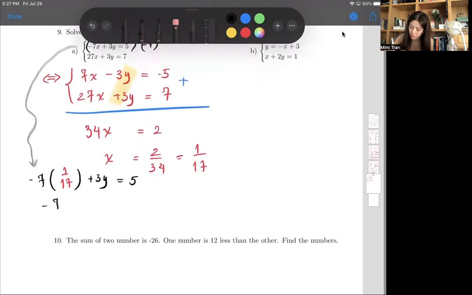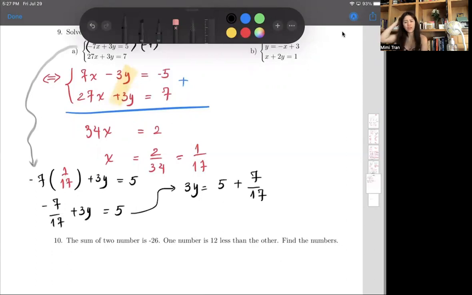So -7 over 17 plus 3y equal 5. Add 7 over 17 to both sides, so I have 3y equal 5 plus 7 over 17.